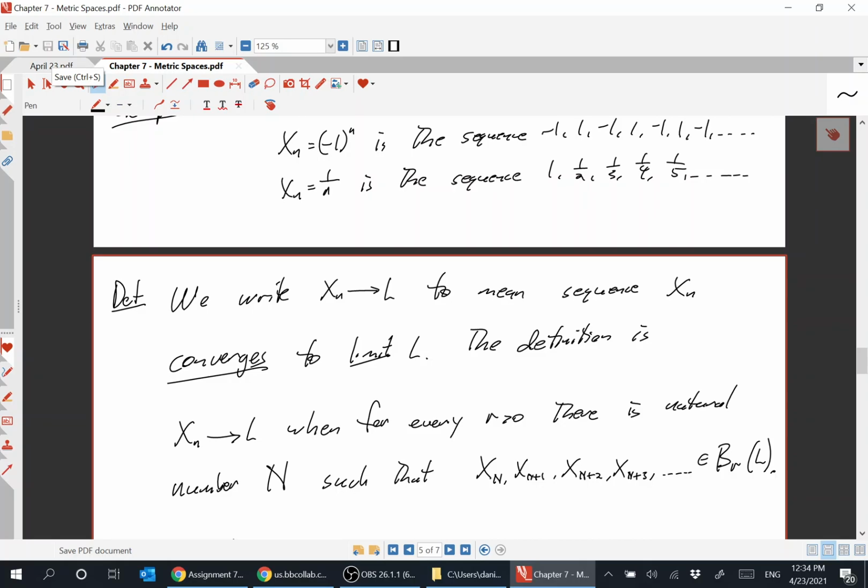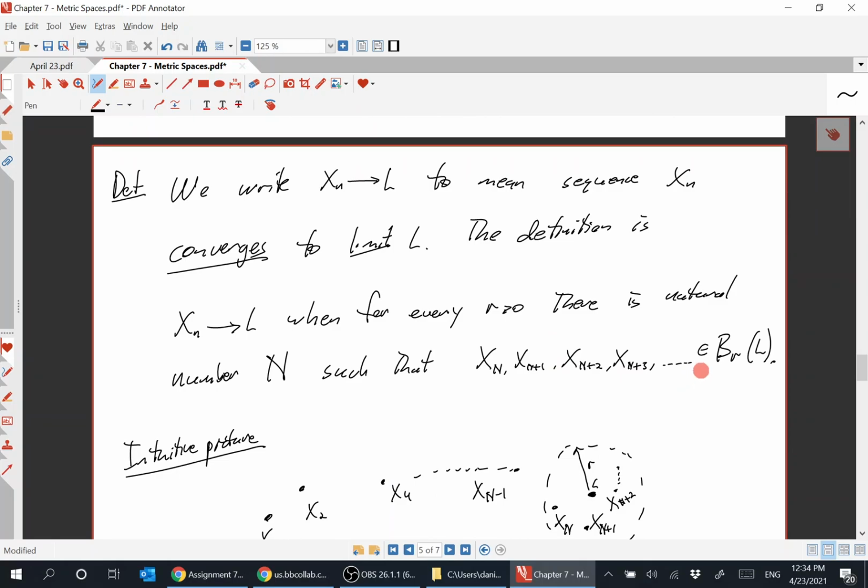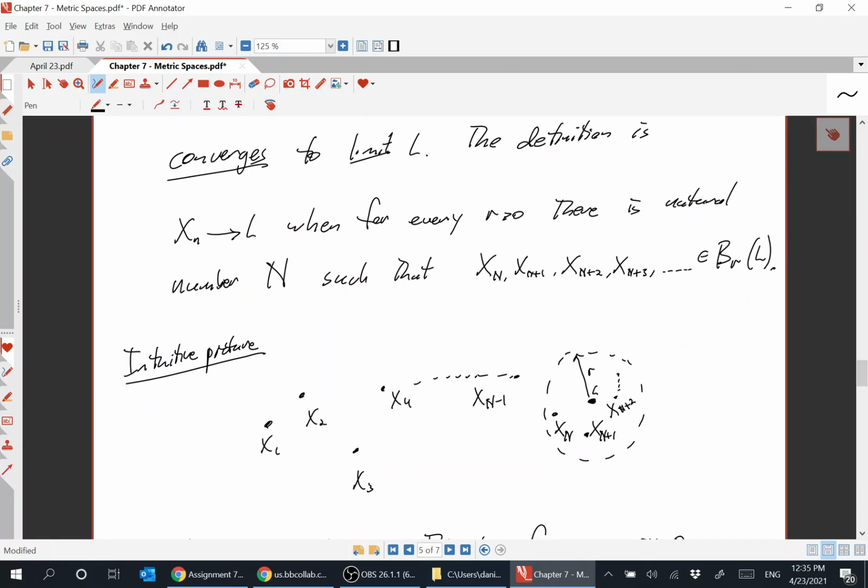The definition of x_n converges to L is when for every positive real number r, so you think of r as something tiny, like 0.0000000001, there is a natural number N such that the sequence gets stuck in that tiny ball around the limit. At some point down the line, doesn't matter how far down, x_N, x_(N+1), x_(N+2), x_(N+3), and so on, all of that is in the ball around the limit.